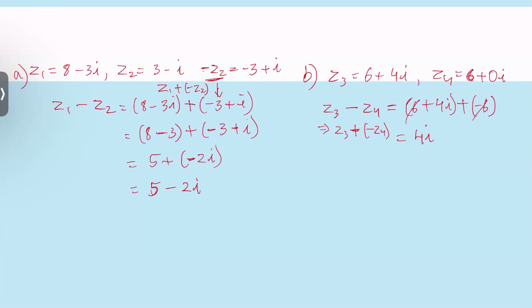You can express it as 0 plus 4i, if you have to write it in the form a plus bi, or you can just keep it as 4i. This is how the difference of two complex numbers happens.